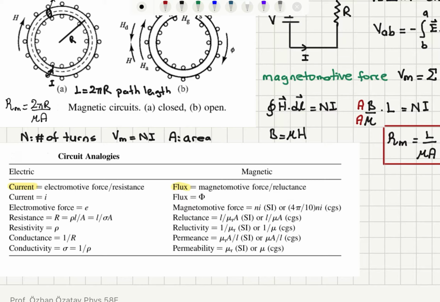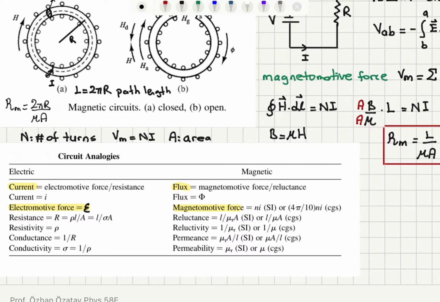Current is denoted by I, flux is denoted by phi. Electromotive force is usually shown with epsilon, not E. It is analogous to magnetomotive force, which is N times I in SI, the number of turns times the current, or 4 pi over 10 N times I in CGS.